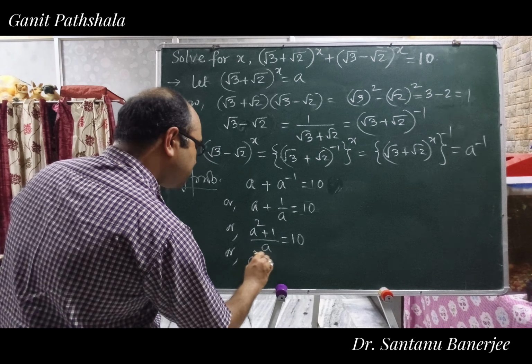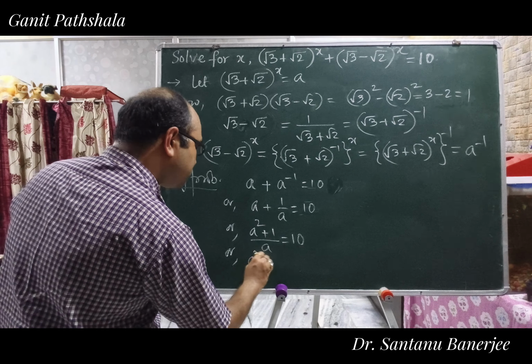Now this is nothing but a quadratic equation. You can solve the quadratic equation using Sridhar Acharya's formula. Now let us apply that formula. So a equals minus of this, that is plus 10, plus minus root over b² which is 10 whole square, that is 100, minus 4 into 1 into 1, that is 4, divided by 2.